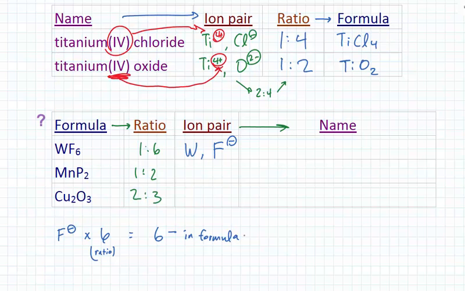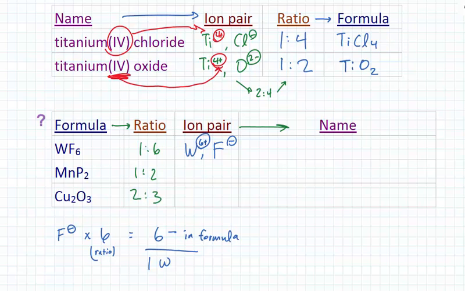I only have 1 tungsten in the formula. That 1 tungsten is going to have to take over all of the plus charge in order to balance that out. So I have 1 tungsten in the ratio, which means that tungsten is going to have to be 6 plus.